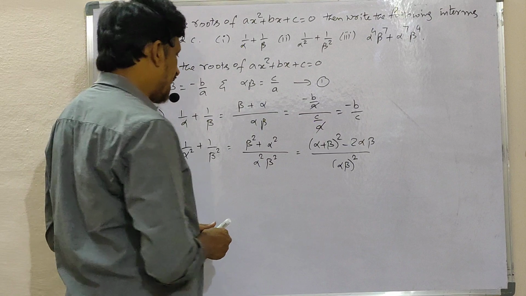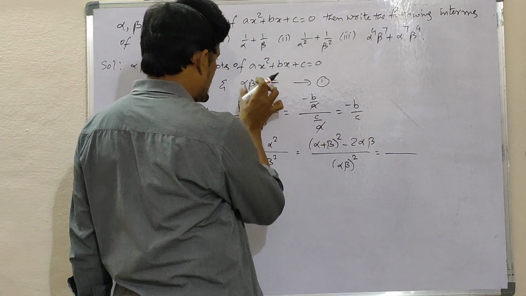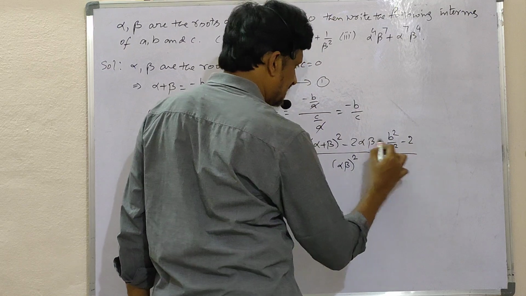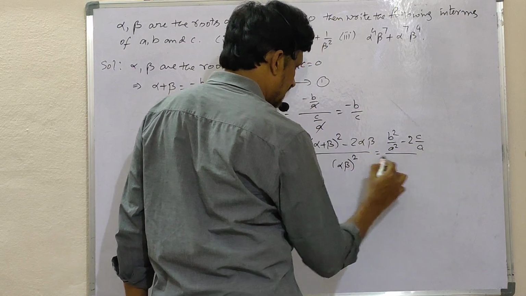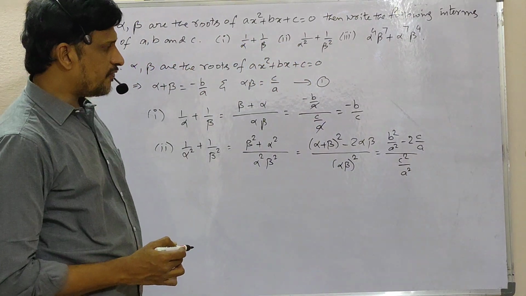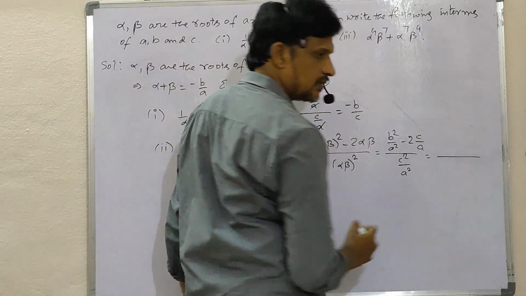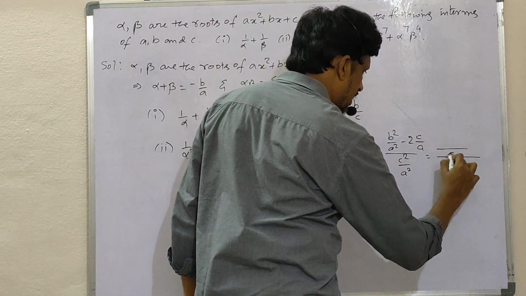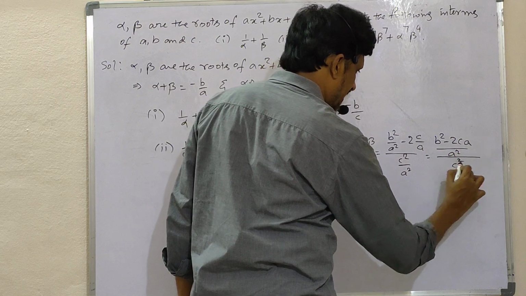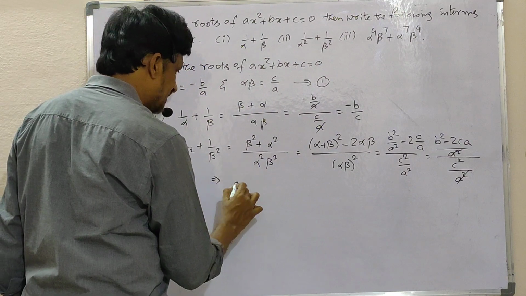Now alpha plus beta is minus b by a, whole square gives b square by a square, minus 2 into c by a, because alpha beta is c by a. Denominator is c square by a square. Take the LCM of these two denominators, then a square is the denominator, and the numerator is b square minus 2ca. These two a squares get cancelled.